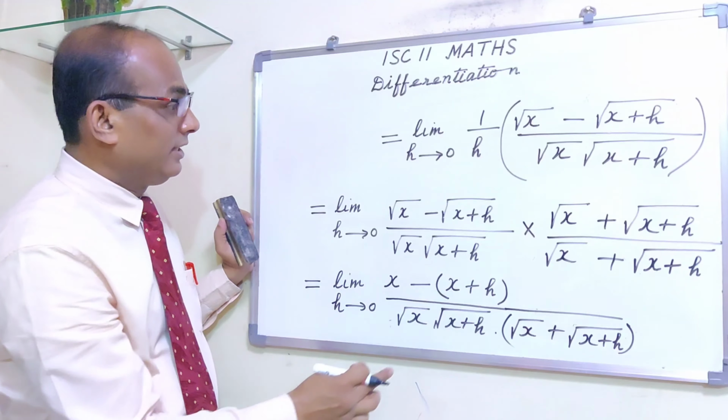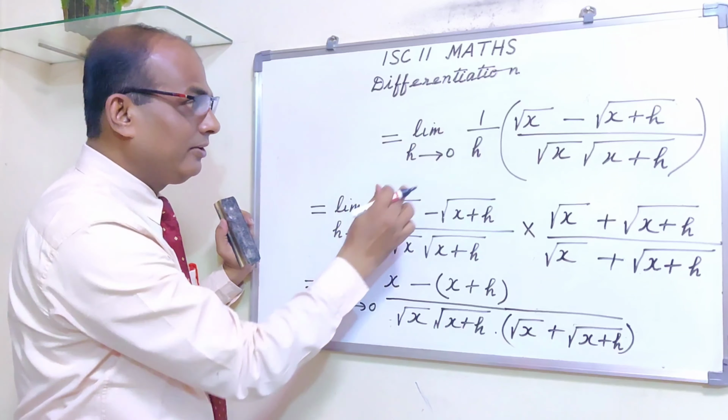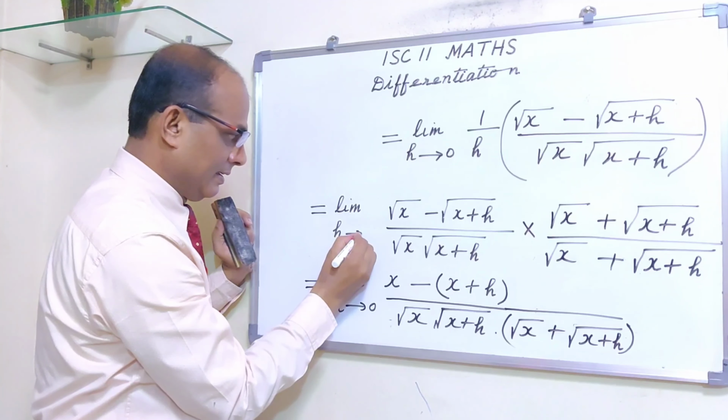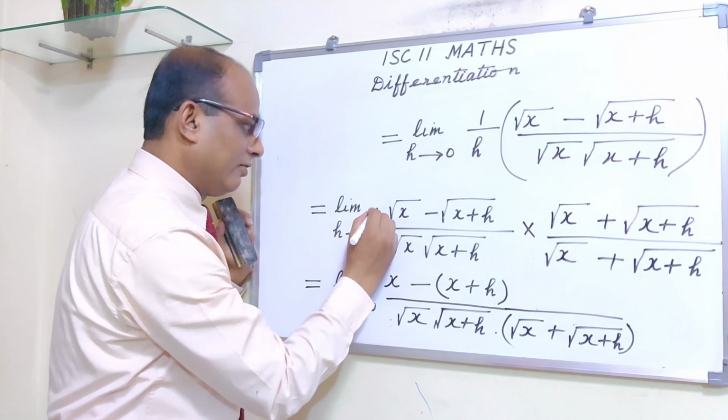Alright, I think one thing we missed out: 1 upon h we didn't write down. This 1 upon h should also be there, no? So I am writing here, h tending to 0, and this 1 upon h should be there.